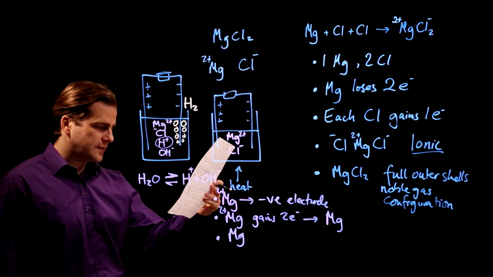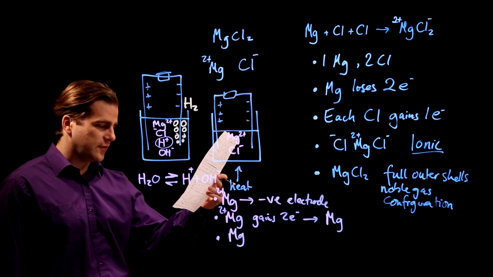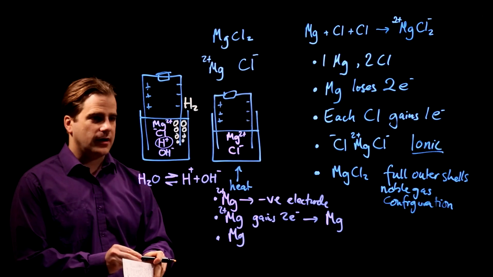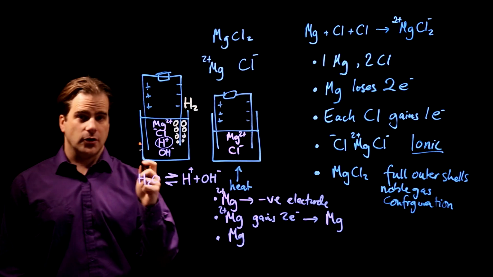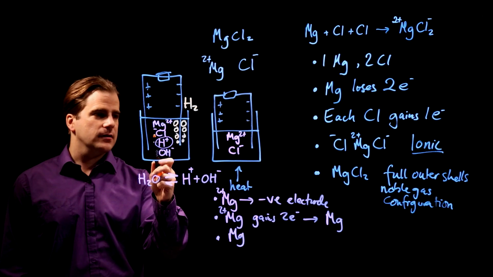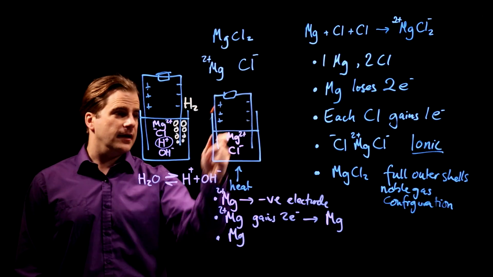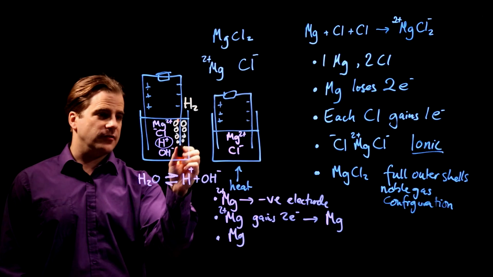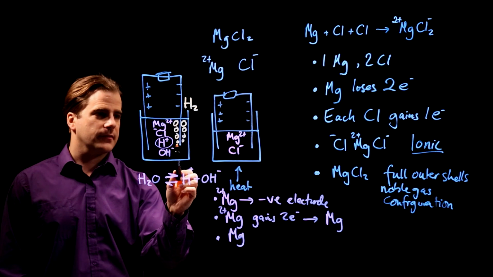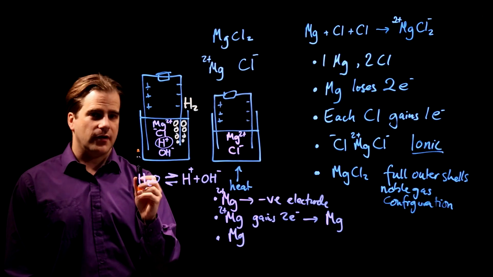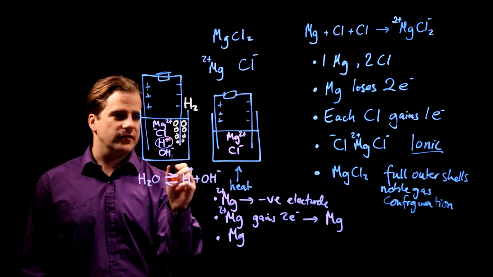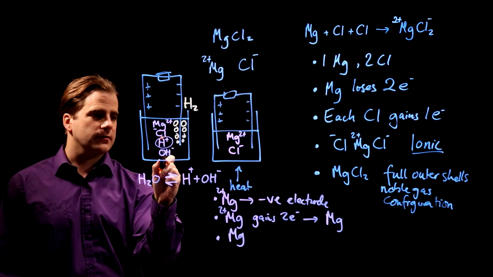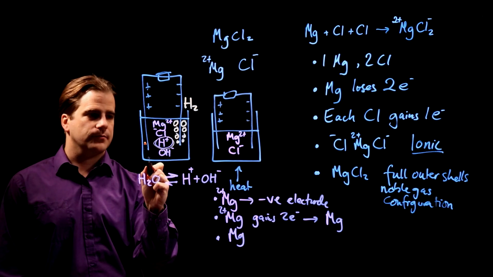The next question says, suggest why magnesium is not produced at the negative electrode. Right. So you could be forgiven for thinking that, like in the molten case, magnesium should be produced at this electrode. However, the difference is the presence of these hydrogen ions.